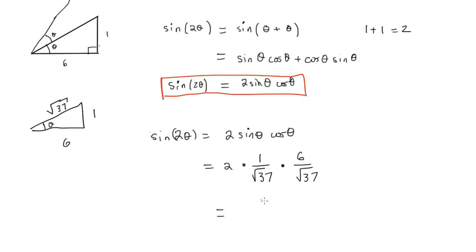The square roots cancel, and so we get 12 over 37. And that's basically it. So later we'll look at, in class, what do you do with the cosine of 2 theta, and then similarly tangent and secant and all the other stuff, and what other things can we do with these identities.